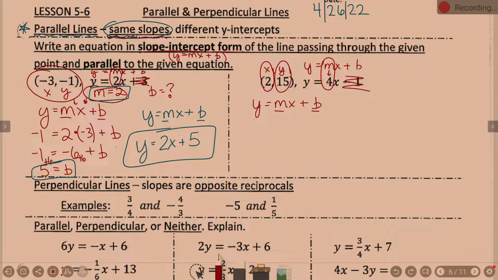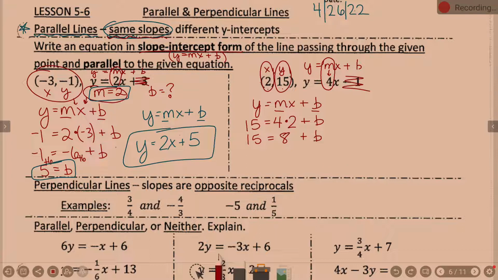So, what can I fill in for Y? It's already labeled. Y is going to be 15, equals M. What are we using for M since it's parallel? 4 times X, which is given as 2, plus B. Do the math. 4 times 2 is 8.